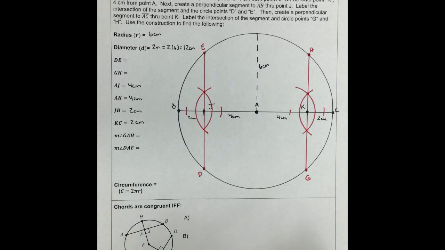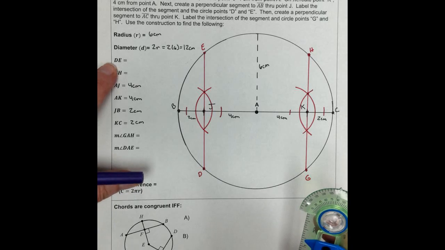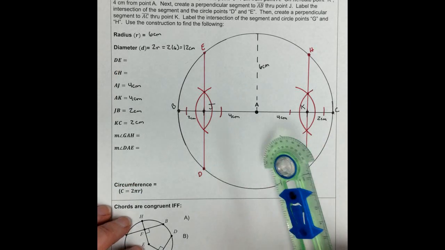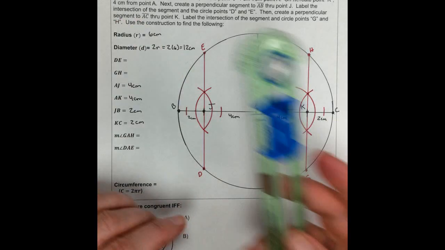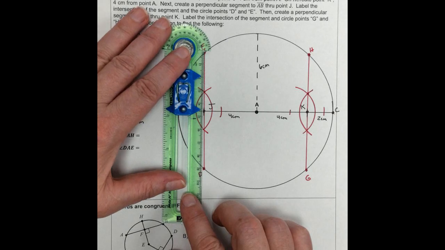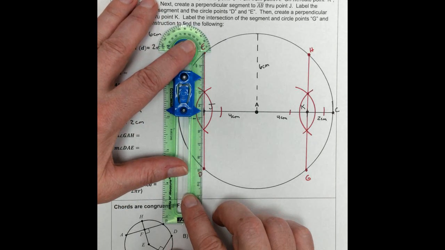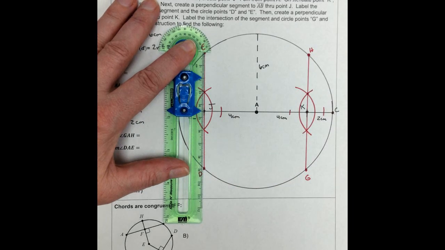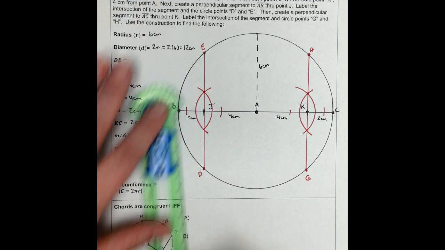Alright, so now it's asking me, okay, what is the length of DE? Well, we can use our compass as a measuring tool and use it like a ruler, and this is roughly 9 centimeters.